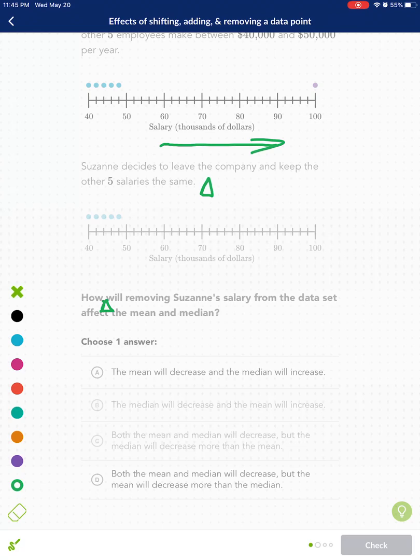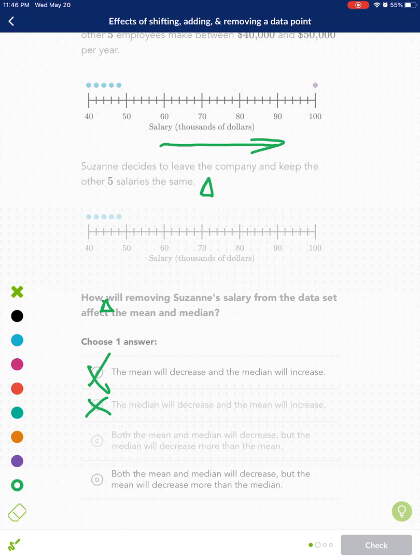All right, so B says the mean will increase. That's simply not true. There is no way, when you remove that, they're both going to drop, right? Mean and median. Or maybe not drop, but it's certainly not going to increase. The median is not going to increase. All right, so we're going to get rid of A. Now we need to decide, and it's in the second half of the statement.